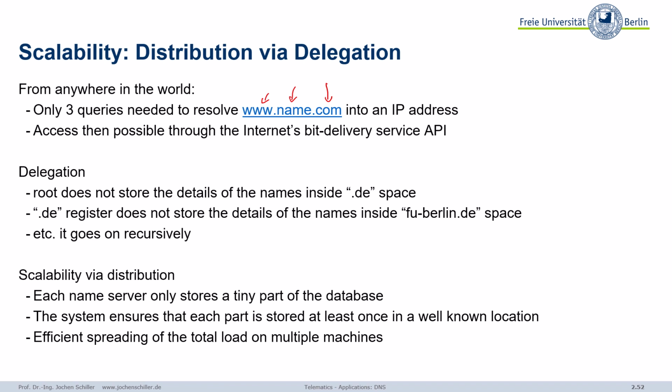So load balancing, distributing, this increases pretty much scalability. So you only store tiny parts of the database, so smaller databases, but distributed. So that's the idea. And we make sure that we have at least one point where we store the information. So one well-known location.